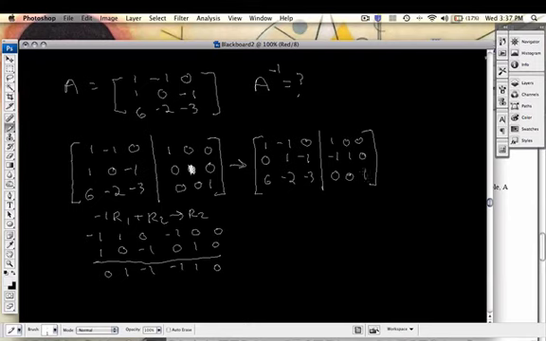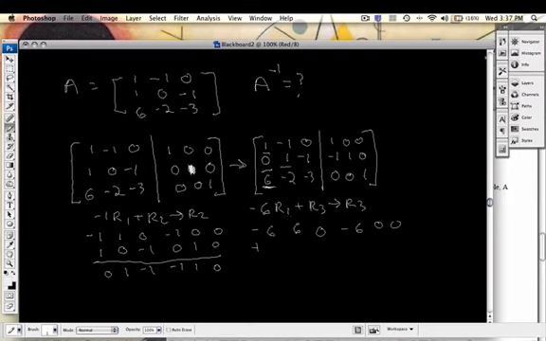Okay, and so this one is good. This has now become a 0. This is now a 1, which is good. We now take on this 6. We want that to be a 0. So I'm going to do -6 times row 1 plus row 3 and make that my new row 3. So -6, 6, 0, -6, 0, 0.